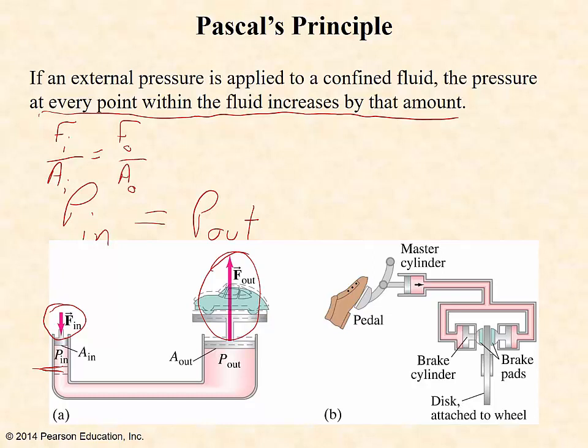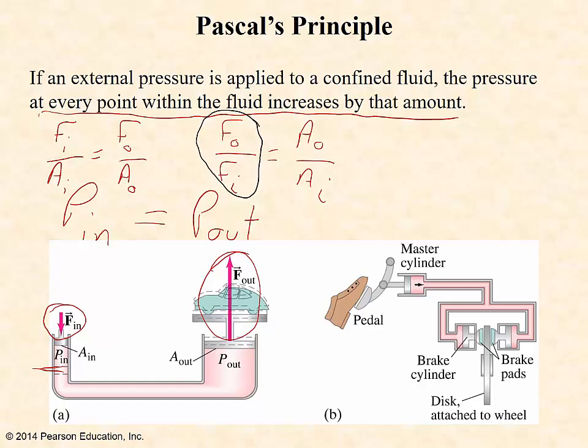Or we could rearrange that to look at the ratio of forces and say that force out over force in is equal to area out over area in. This force out over force in is what we call the mechanical advantage, and it tells us basically how many times our force is going to be multiplied within our system.